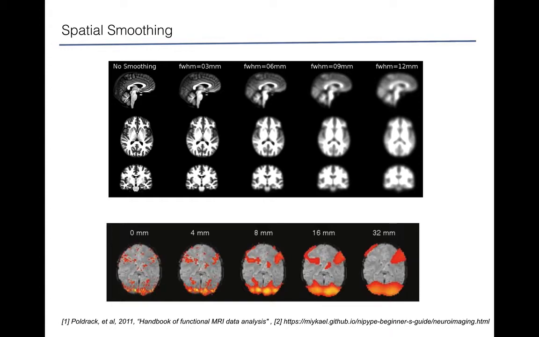Whereas take one of those tiny dots on the frontals: if it was real and you were interested in studying it, then as you increase the size of the kernel, those areas are gone. So this is again a trade-off between the size of the activation and how noisy your data is. But as a general rule of thumb, about twice your voxel size would be a good place to start.